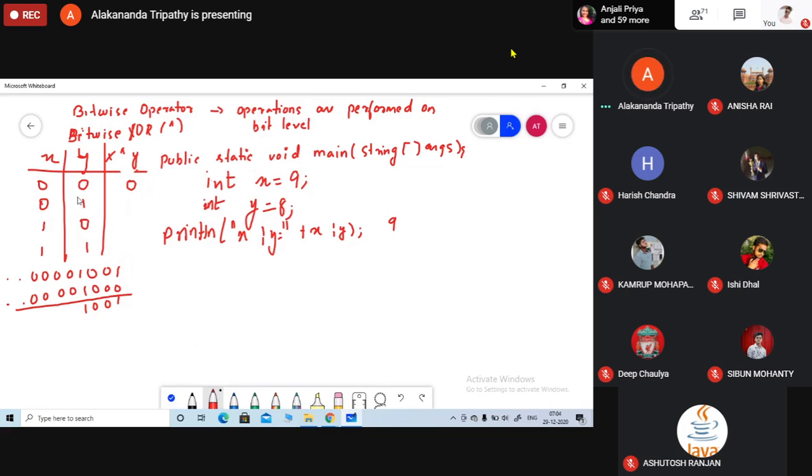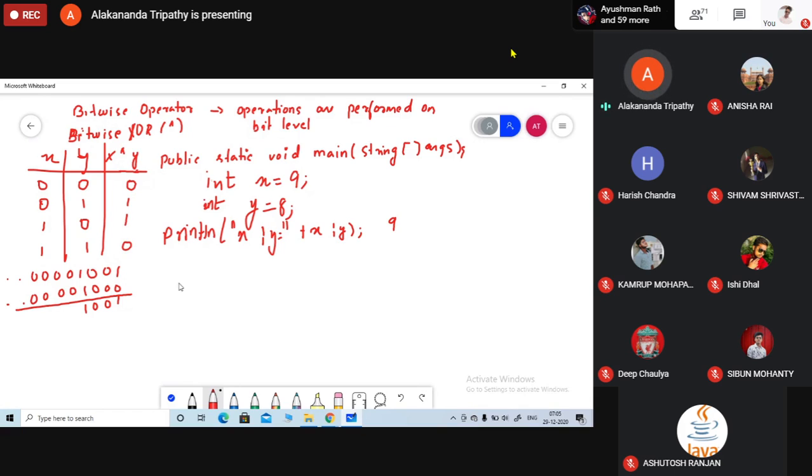Check it: if both the values are false or both the values are true, the answer will be false. If either one is true, the answer will be true. All of you remember this point? Yes, ma'am. Binary XOR, note it down. If both the values are false or both are true, the answer will be 0. If either one is true, the output will be true.